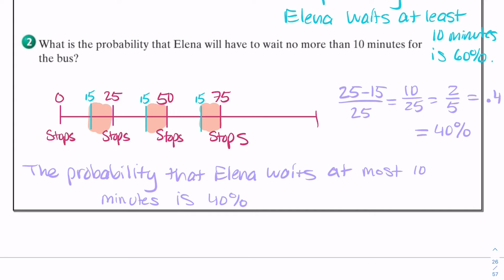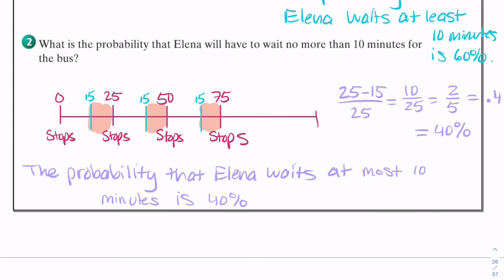So we could say Elena will be waiting at the bus stop either more or less than 10 minutes, one of the two.